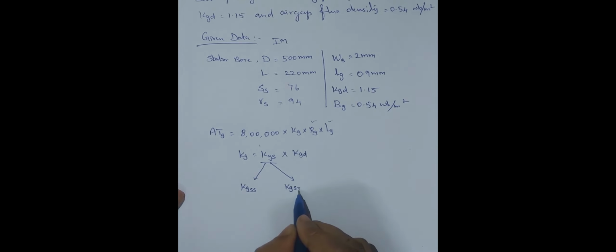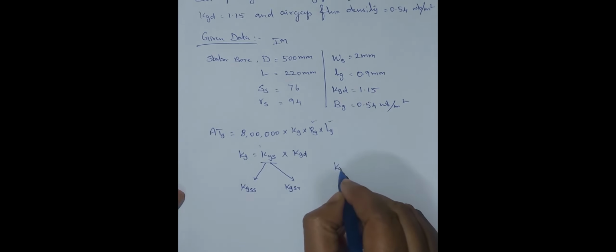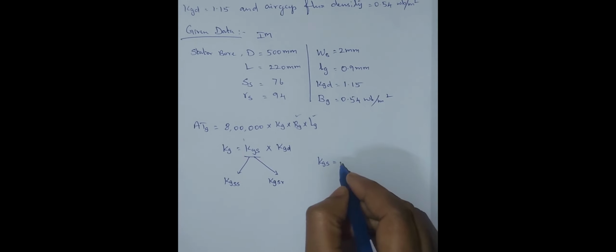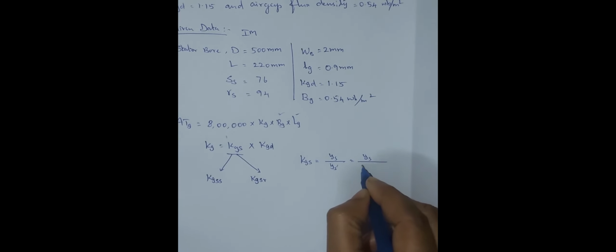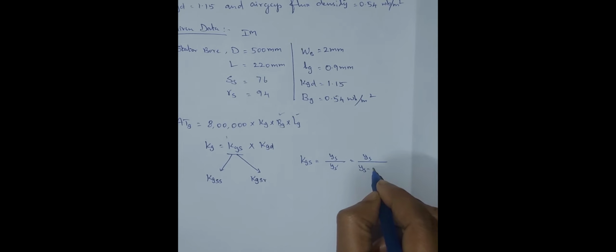The last subscript represents stator and rotor. Generally, we know Kgs is equal to Ys divided by Ys dash, which is Ys divided by Ys minus Kcs into Ws. This is the formula, where Kcs is the Carter's coefficient for the slot. Now we have slots in the stator as well as the rotor.